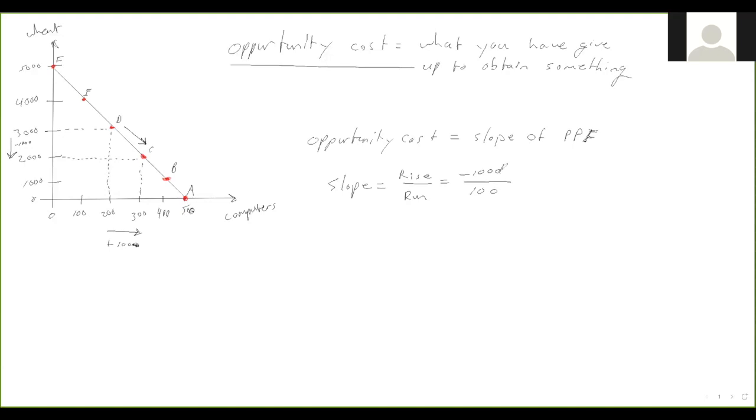So we can divide this and simplify: minus 10 is the opportunity cost of computers. To be precise, we should put a unit. Minus 10 what? Wheat. Minus 10 tons of wheat.